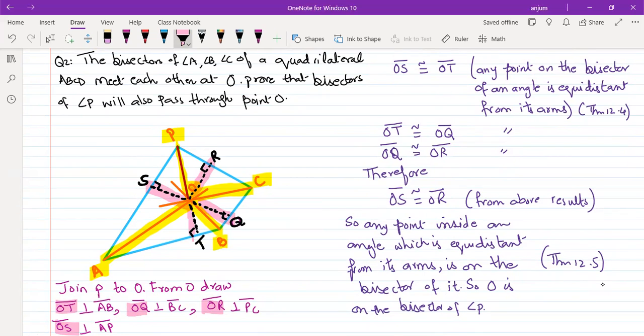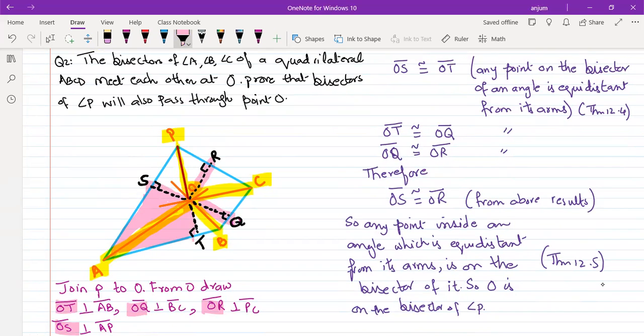Now we are going to prove it. We can see in the diagram, in the angle SAT, where there is a bisector of A and there is some point O, O is equidistant.